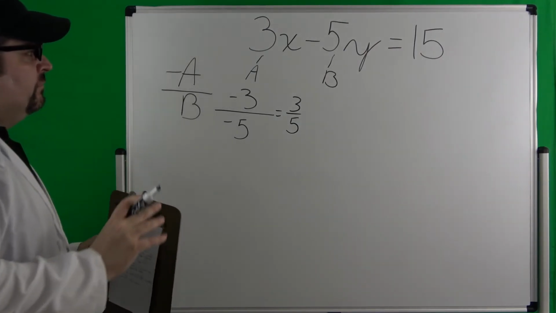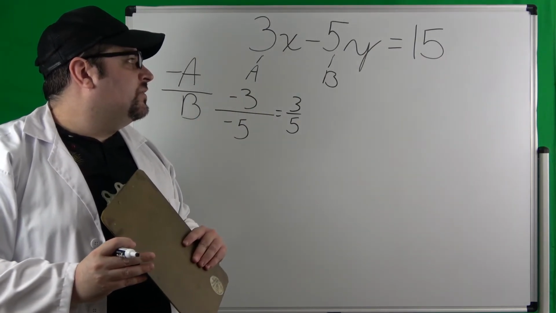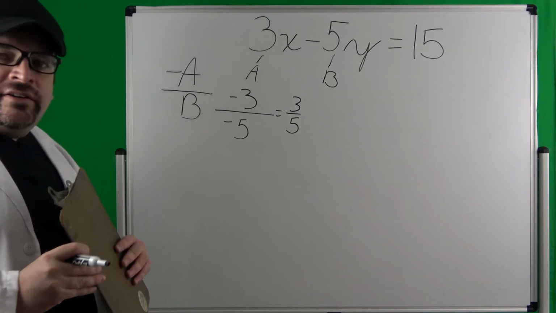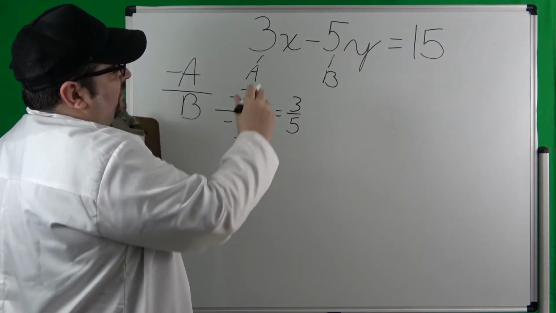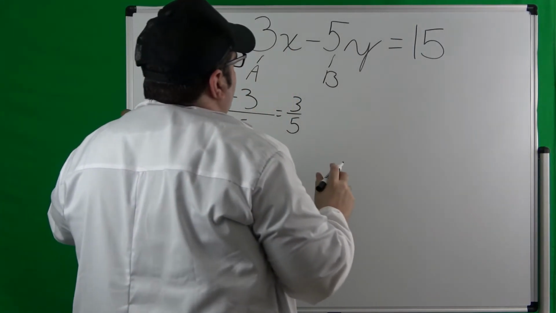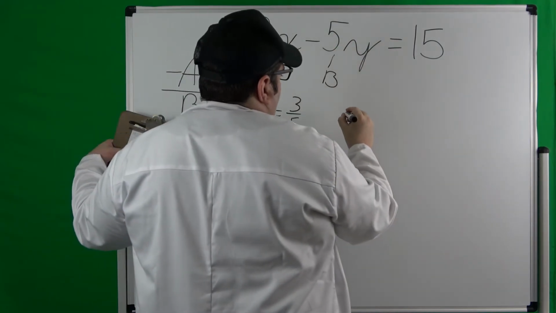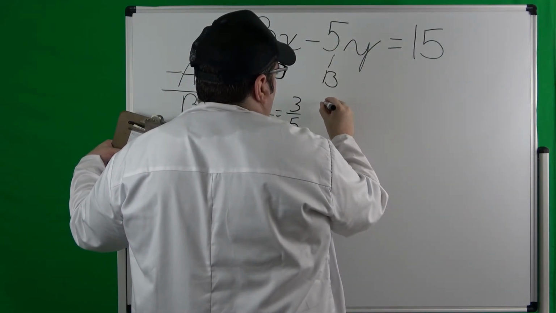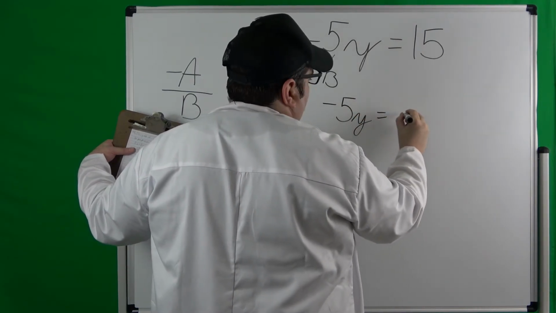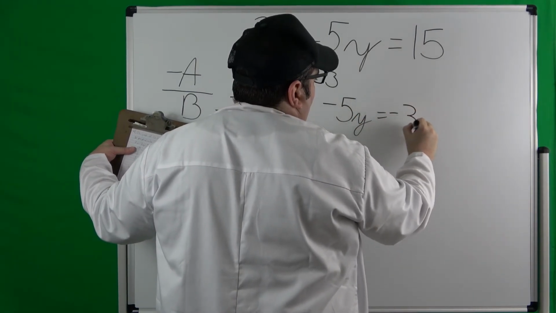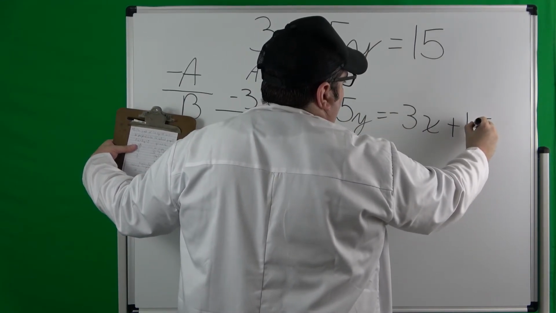Now, just for argument's sake, let's go ahead and put that into slope-intercept form and see if we get the same thing. So we have to get the y all by itself. So let's subtract 3x from both sides and we'll get negative 5y equals negative 3x plus 15.